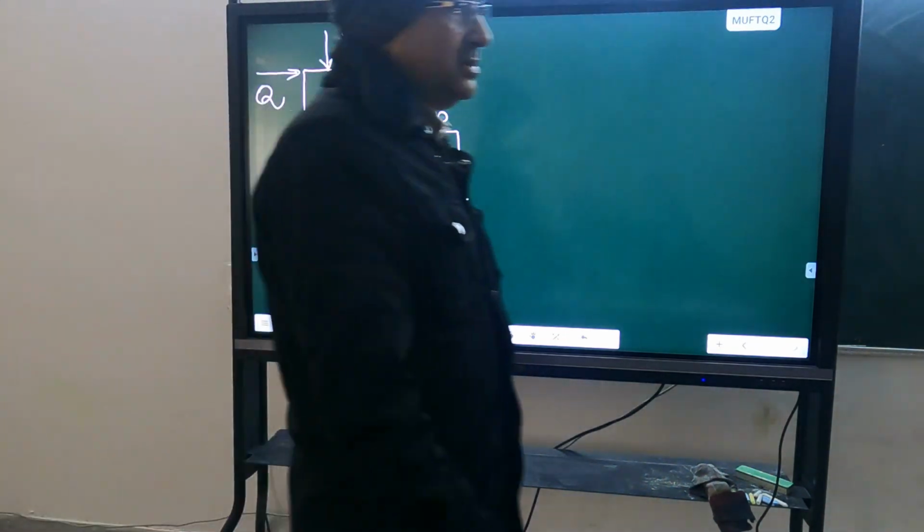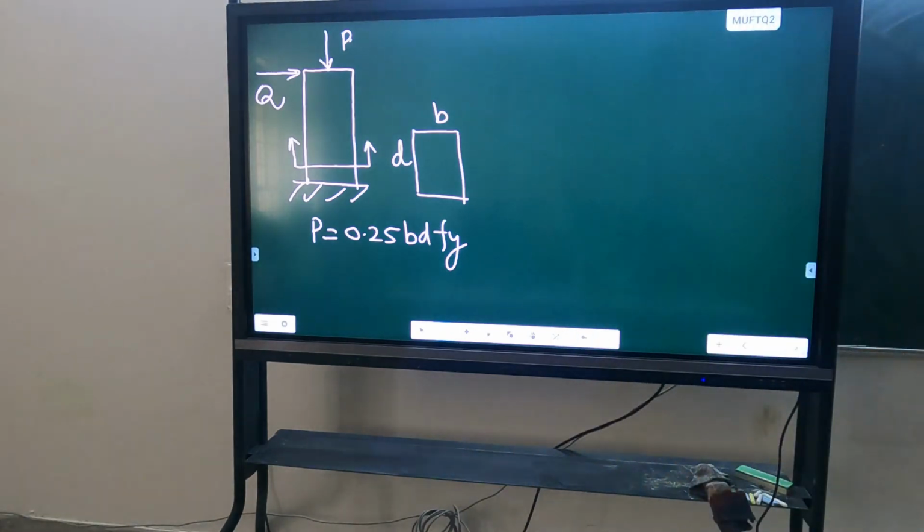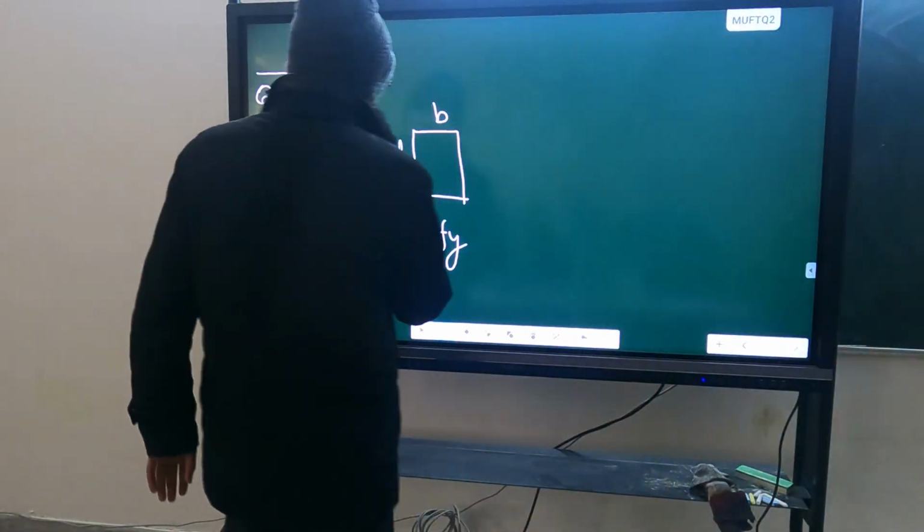So you can see that now the neutral axis will not be at the mid depth, at the center of the section. It will shift towards the tension side.